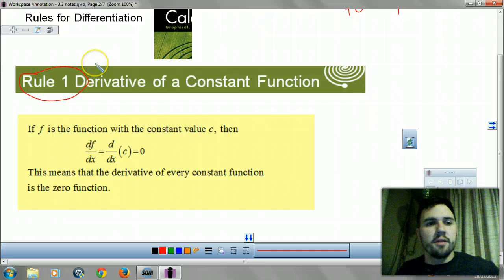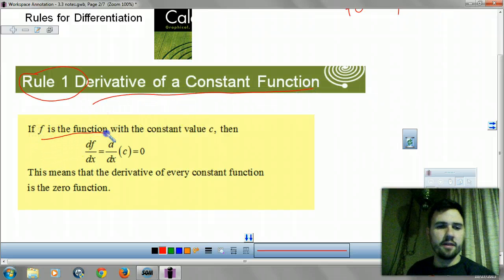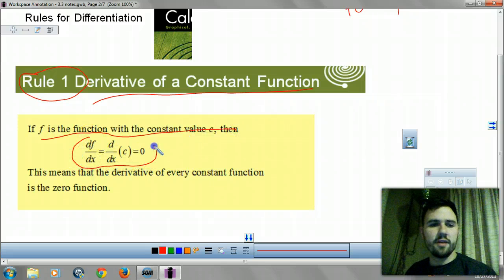Okay? So the first rule says the derivative of a constant function, if f is a function with a constant value c, then your derivative of c is 0.